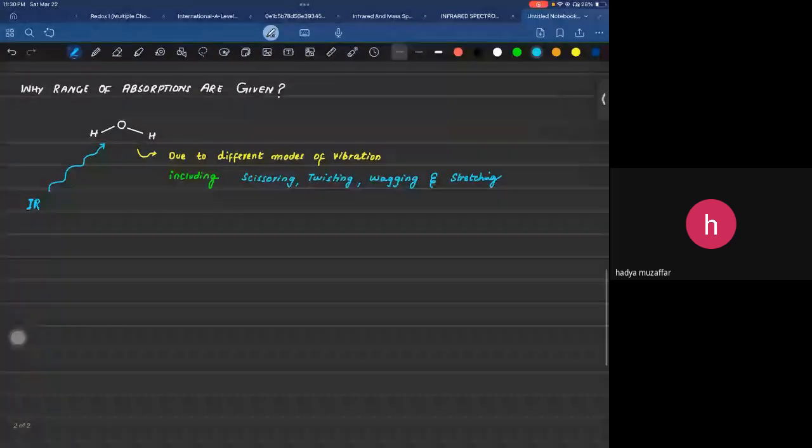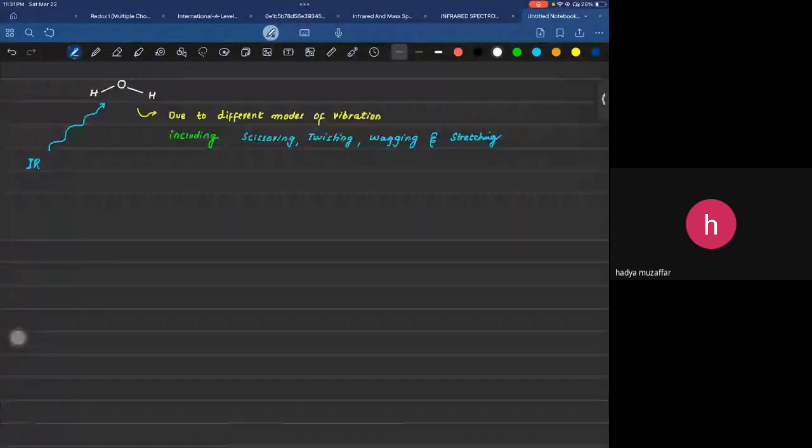Afterwards, after doing all this, the detector is going to give you a response of the compound.